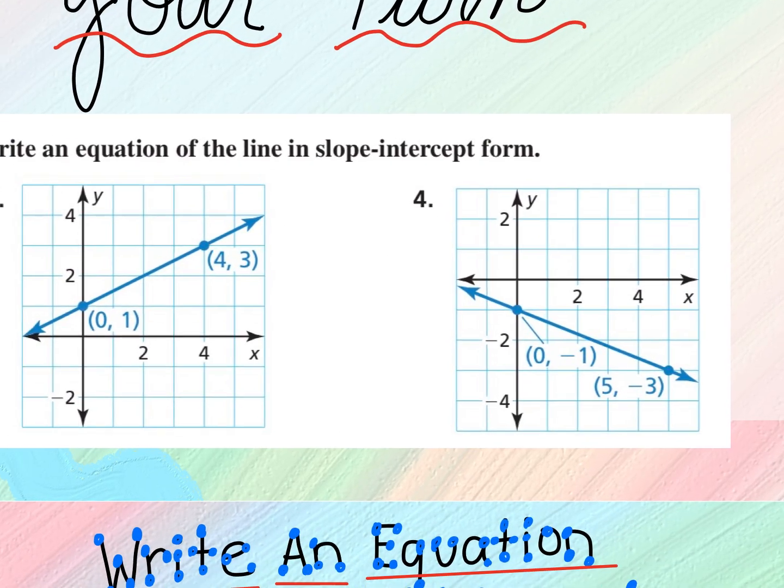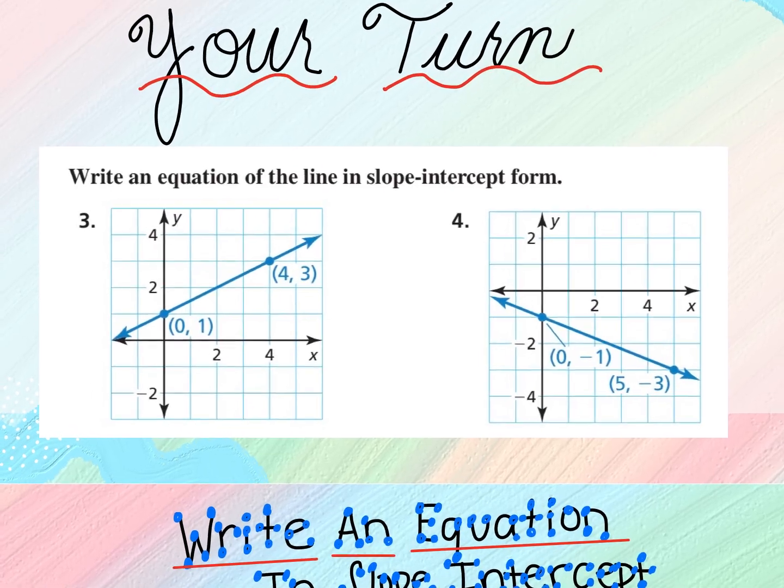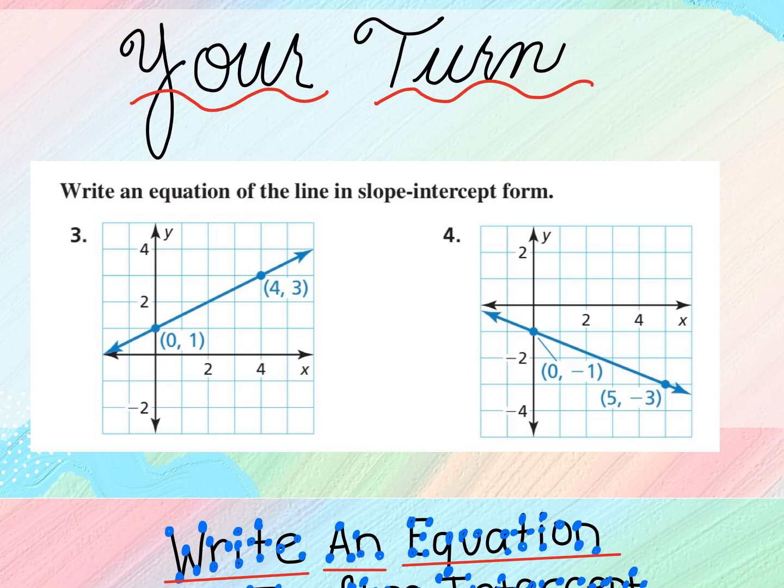All right, here's your turn. I want you to try these two. Write an equation in slope-intercept form of both of these lines. All right, so the first one, you are correct. The y-intercept, if you're given a graph, is pretty obvious because you can see where it's crossing the y-axis. So in this case, it's at +1. The slope of the first one, I'm going to calculate the rise over the run.